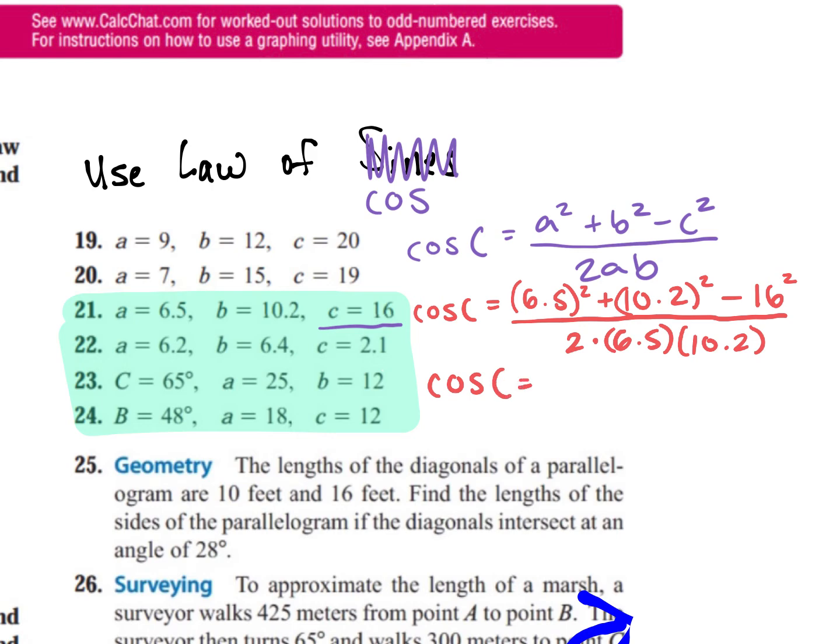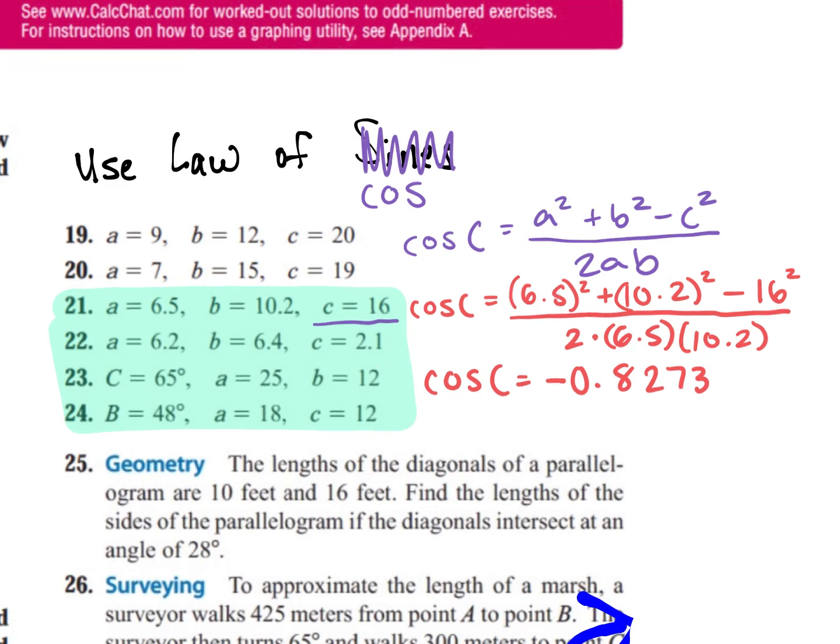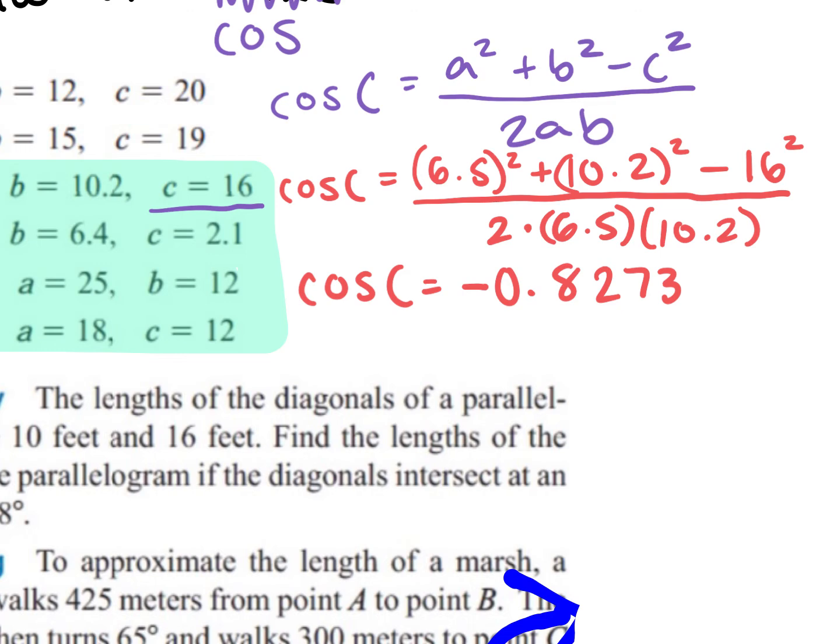So when I put that in the calculator, I get negative 0.8273. This is just the cosine of C, so then to find what the actual angle C is, we have to do the inverse. So you would do cosine inverse of this number, negative 0.8273. So take the inverse cosine of that, and we'll get angle C is 145.83 degrees.